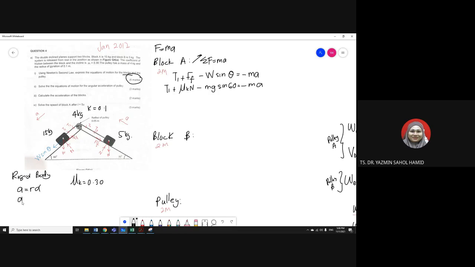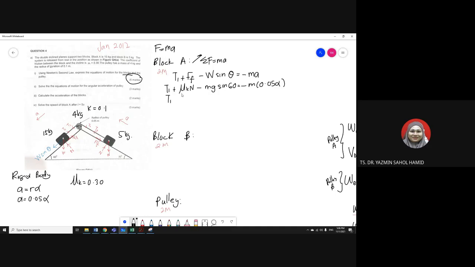Our acceleration here uses r, which is the radius of the pulley, 0.05, times alpha. So what we need to do is replace our acceleration with 0.05 alpha.